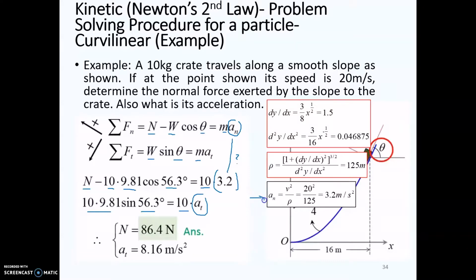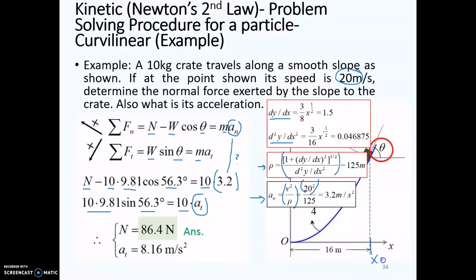We can find the normal acceleration by using this formula. You take the tangential velocity squared, which is 20 squared, divided by rho. Rho is the radius of curvature, which can be found by using this formula. Since y is given, you can obtain dy over dx and d squared y over dx squared.